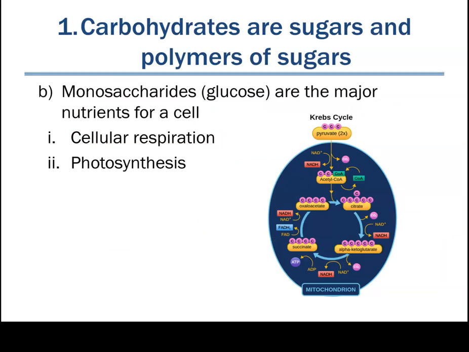So our monosaccharides, specifically glucose, are the major energy storage molecule for the purposes of maintenance and storage in our cell. Glucose specifically is one of the major nutrients in our cell. It is broken down in cellular respiration.